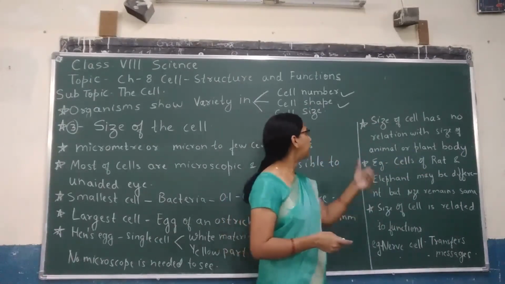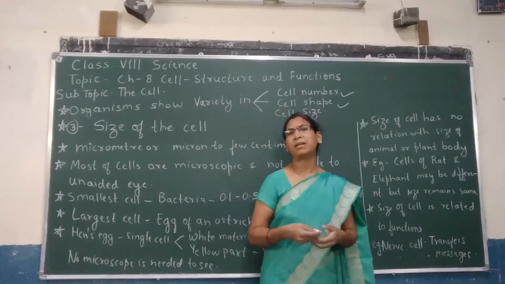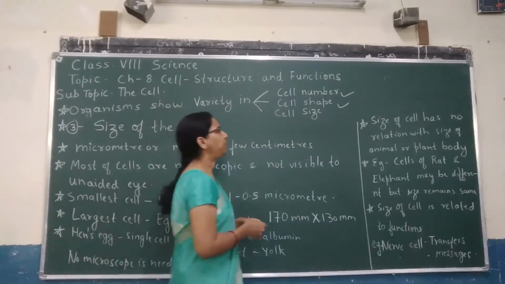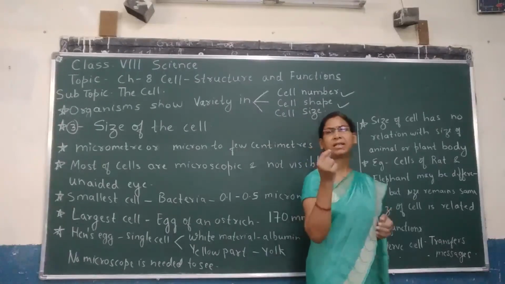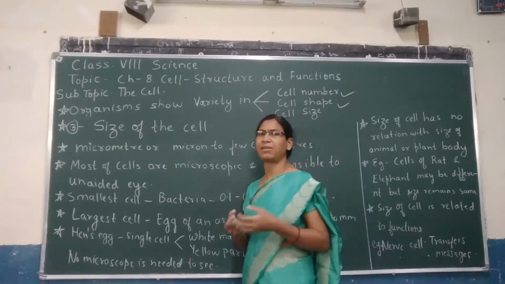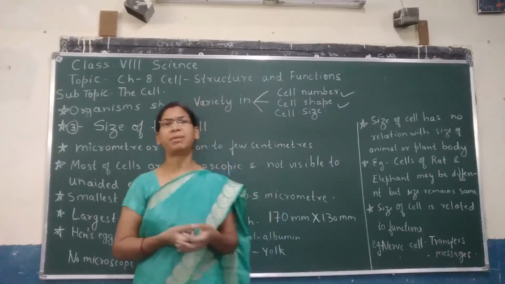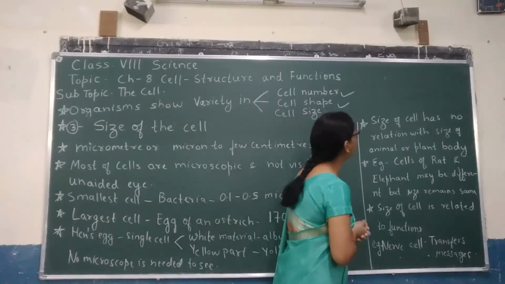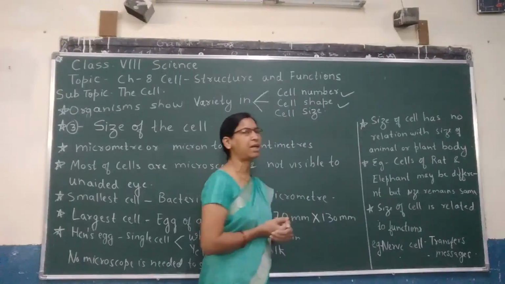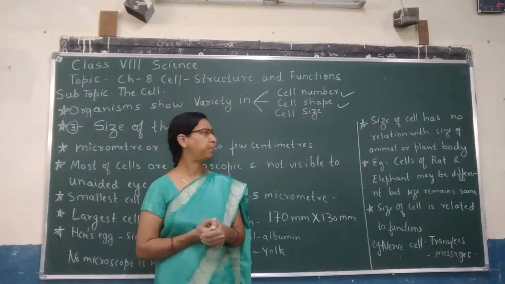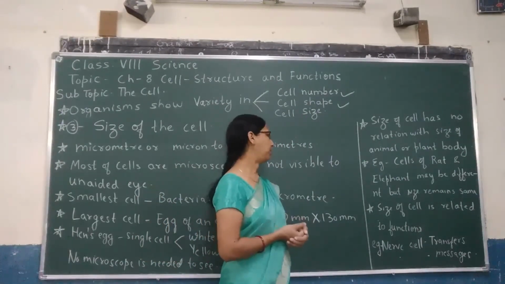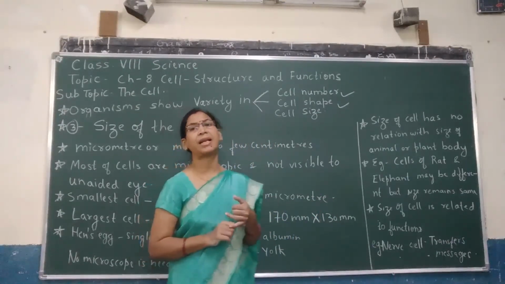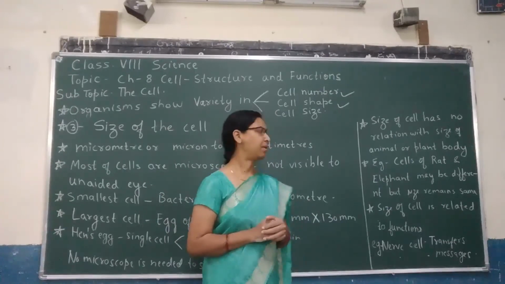Now let us see some detail about the size of the cell. We may think that if the organism is very small, the cell size will be very small, and if the organism is very large, the cell size will be very large. But cell size has no relation with the size of the animal or plant body. Whether small or big, the cells of a rat and an elephant may be different, but the size remains the same.